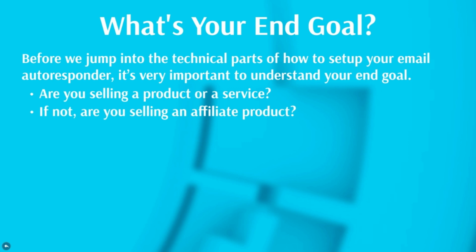Now, if you're selling a product, obviously you could sell an affiliate product in the long run or vice versa. You really just want to get an idea of what your end goal is now, and what your future end goals could look like is fine. The reason why I ask you to write this down is because if you're selling your own product, you can do a few things like build a relationship.